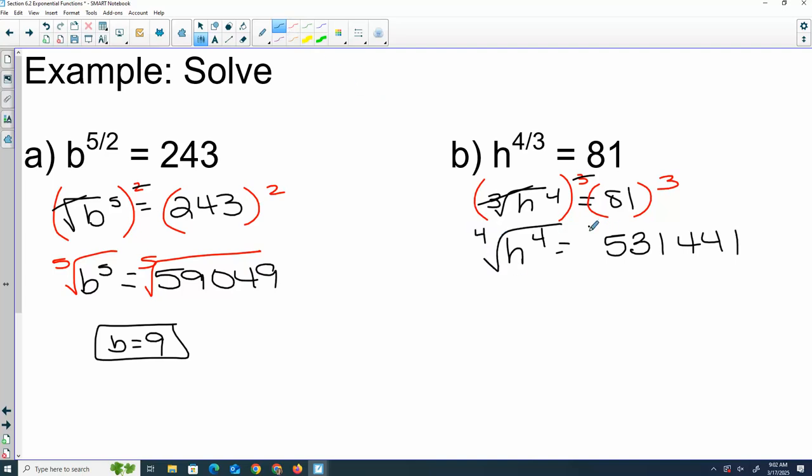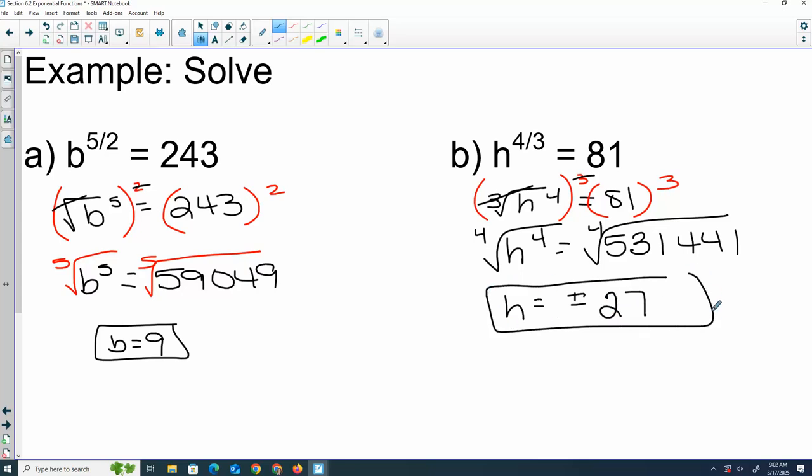When you add that root, 4 is even, so what do we need with it? That one gets the plus or minus. And the answer there is, so this one, positive negative 27.